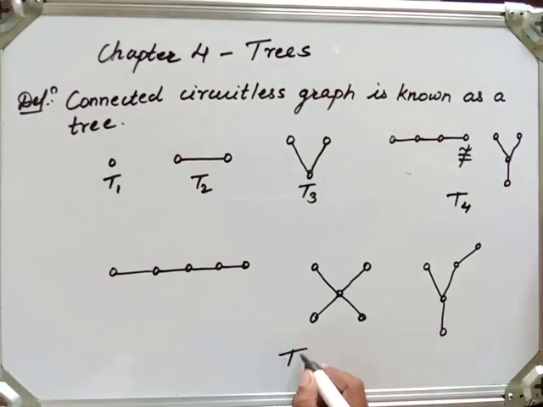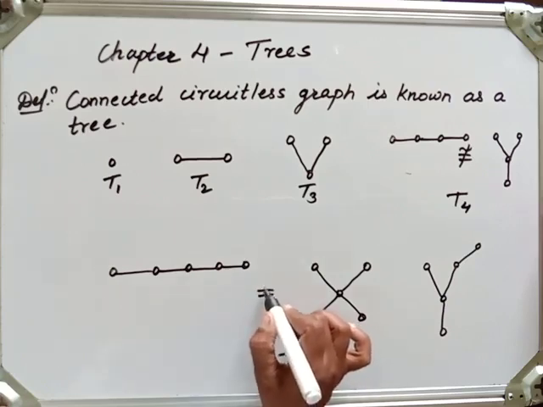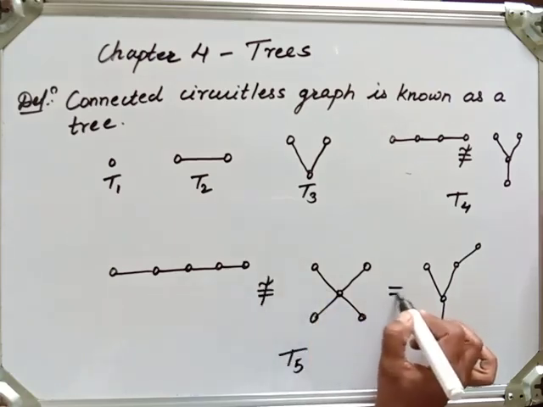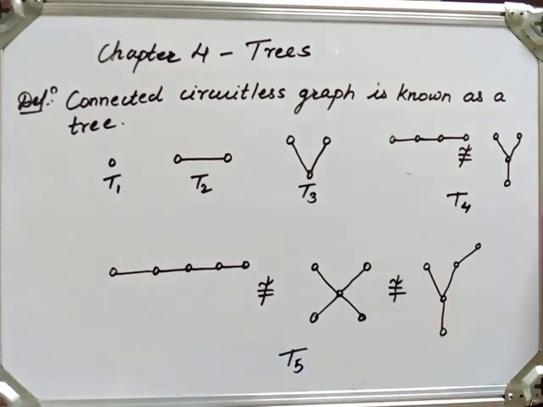So these are all examples of T5, 5 vertices, but these are trees. These two are also not isomorphic to each other. You can write the reason behind them. Fine. Now next, let's go towards the properties of these trees.